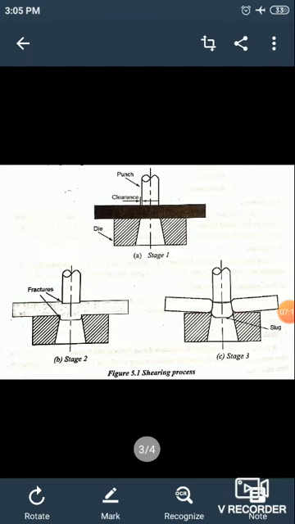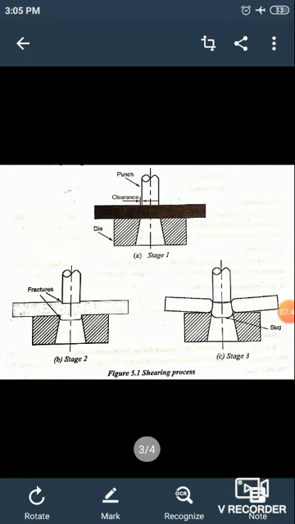When the elastic limit of the material is exceeded, the material will undergo plastic deformation and it will flow into the clearance between the punch and die.